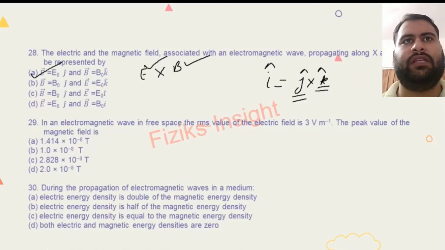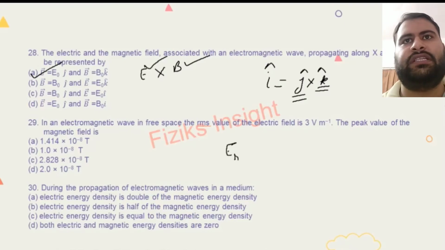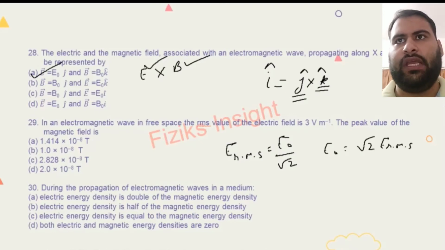Now in 29th question, in an electromagnetic wave in free space, the root mean square value of electric field is given, find the peak value of magnetic field. So the relation between root mean square and peak value is, now E root mean square is equal to E naught by root 2. Now automatically E naught will be equal to root 2 E root mean square.